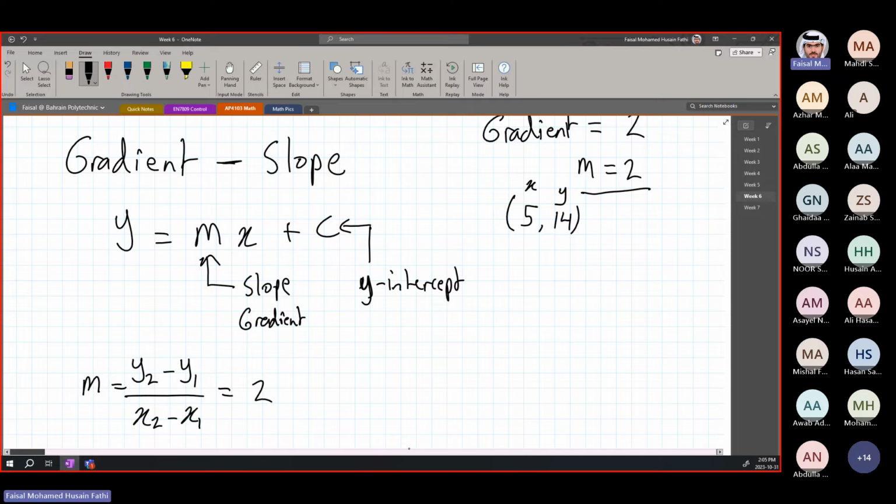We have the point x and y, 5 and 14. These are points on the line. So what do we need to first find? We found m, so we don't need to find it. The equation of a line, we have to find two things: first m, which we already have, then we need to find the c. How do we find c? We already know our x and y are points on the line, that is x equal 5.